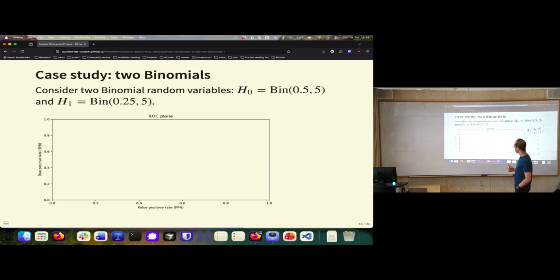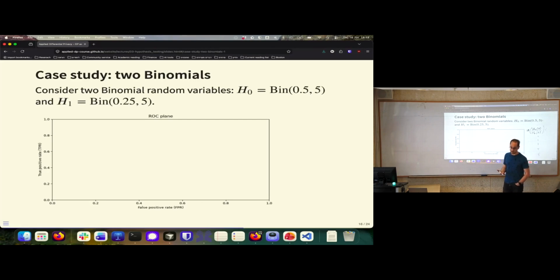Well, that's I to the power of. Wait, first we have the binomial coefficient, right? There's 5 choose I, times 0.25 to the power of I, times 1 minus that, which just happens to be 0.75 to the power of 5 minus I. Right. And when it comes to H naught, the binomial coefficient is the same.